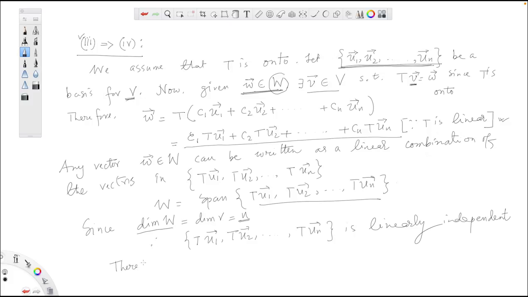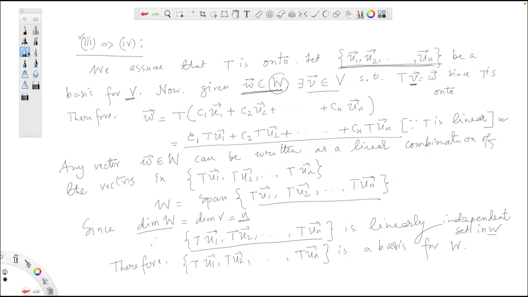Therefore, this is a linearly independent set in W, and this set spans W, which means that this set consisting of n vectors is a basis for the vector space W, which we needed to prove to satisfy condition 4, right?